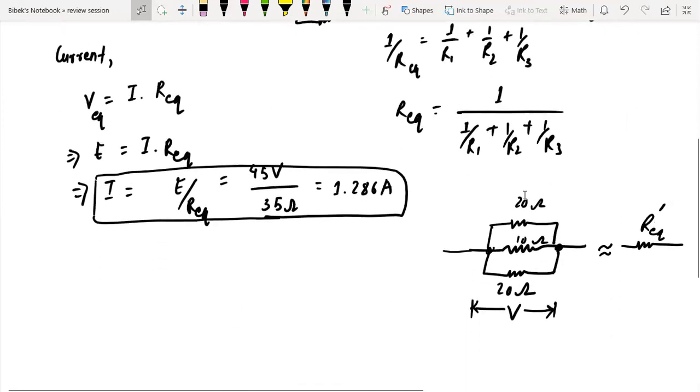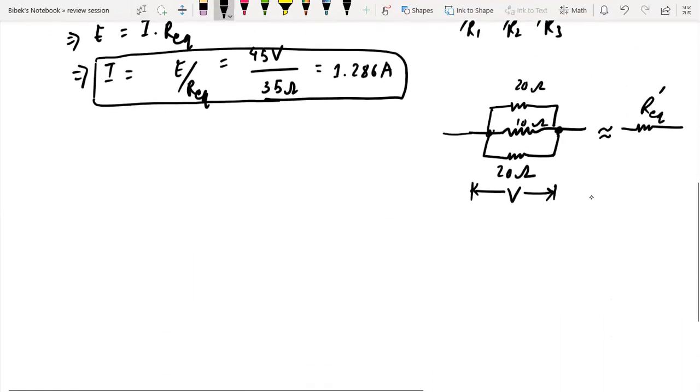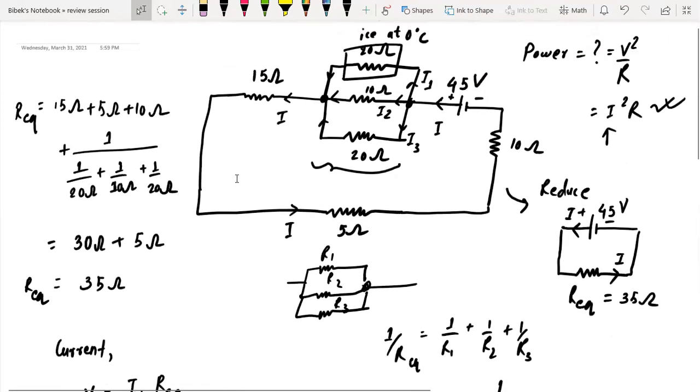But now I'm only writing it for the parallel resistors. And you know that R prime equivalent, the equivalent of these 3 resistors, is 5 ohms, because you found it here. This was 5 ohms.